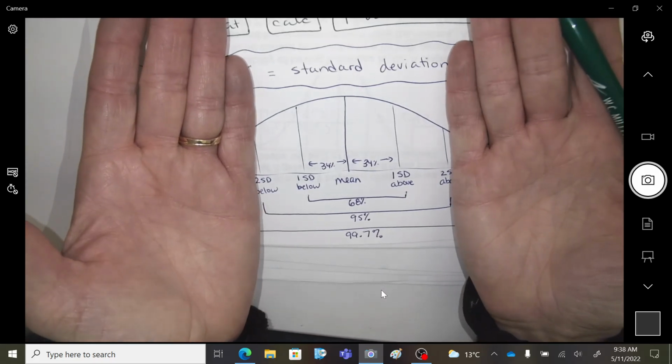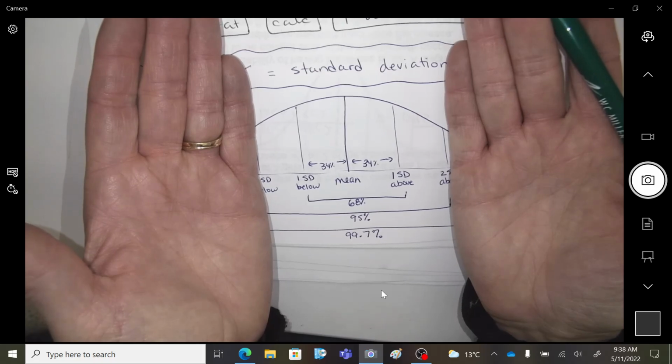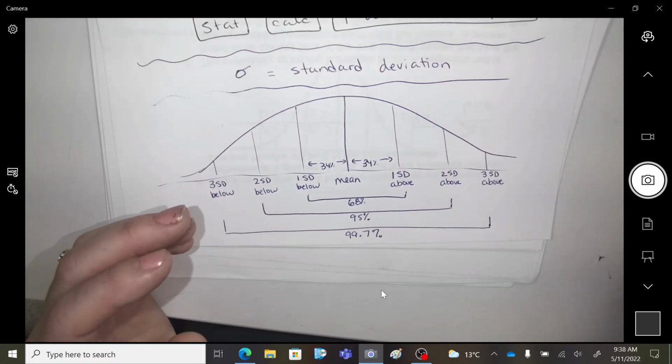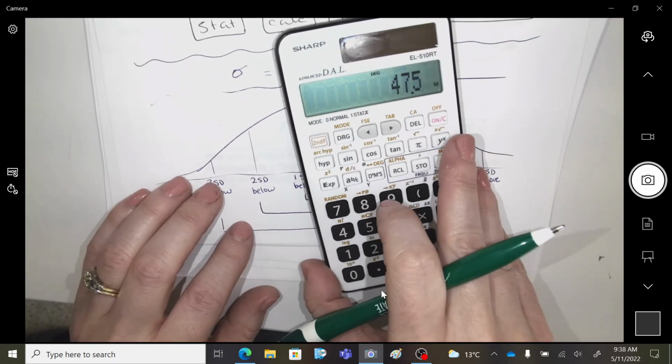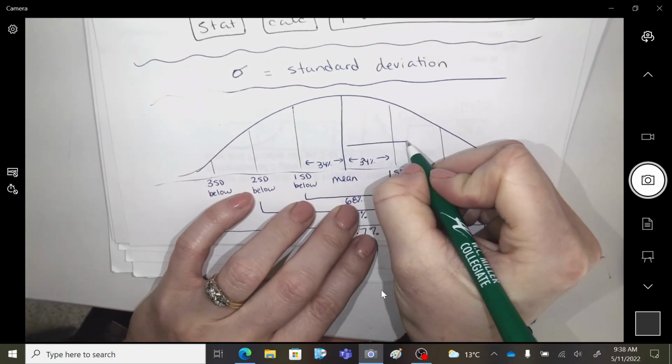This was 95. So what's 95 divided by 2? 47.5.